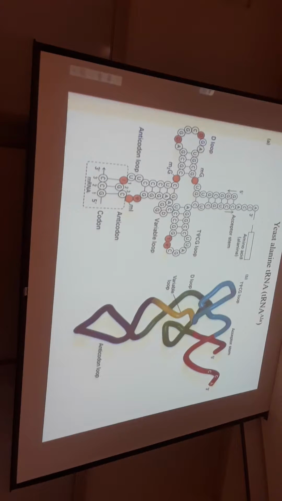Now at this point, we should take a closer look at the structure and function of tRNAs and how they are being charged with amino acids. This is an example of a particular tRNA, namely the one that brings alanine to ribosomes in yeast. Overall, I told you that RNAs have historically been represented in 2 dimensions, and pretty much all these tRNAs, drawn in 2 dimensions, have a clover leaf structure.